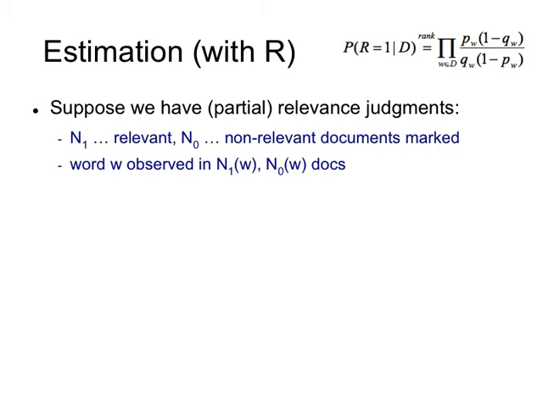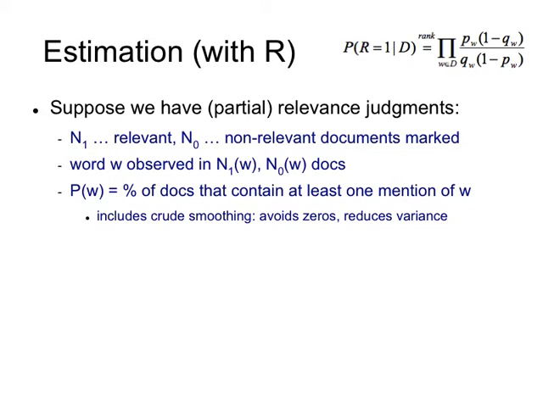So the maximum likelihood for that is you take your collection of N1 relevant documents, you count how many of them contain at least one occurrence of the word W, and you divide by N1, right? You don't count multiple repetitions of the word in a relevant document. So it's just a percentage of documents that contain the word. You do N1W, that's how many relevant documents contain W, divided by N1.